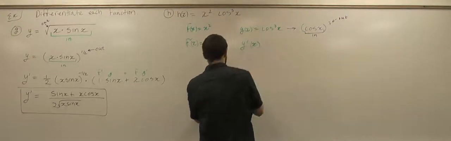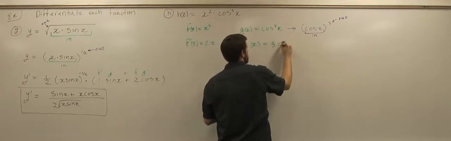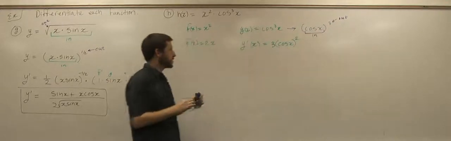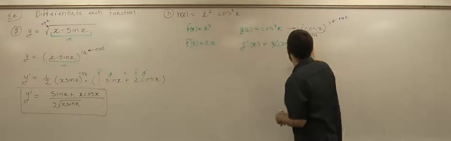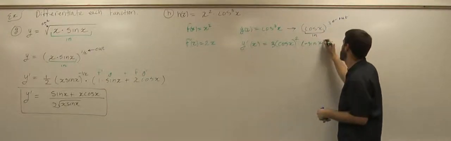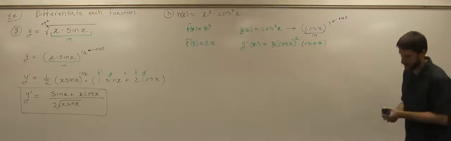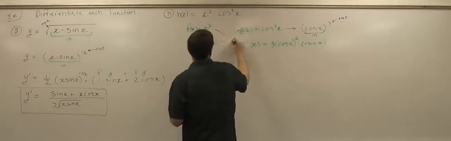The 3 comes down. The cos x remains the same. Subtract 1 from the power. So there's the derivative of the outside, times the derivative of the inside, negative sine x. And product rule says we multiply these.